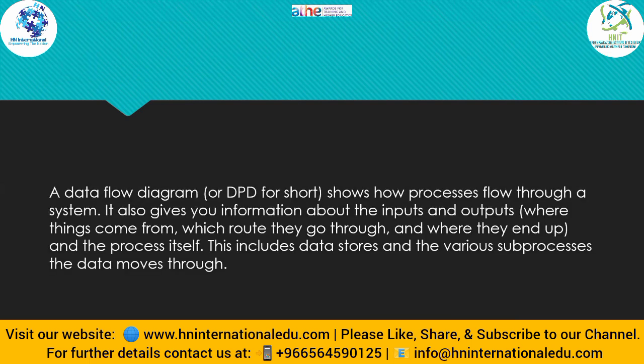A data flow diagram shows how processes flow through a system. It also gives you information about the inputs and outputs, where things come from, which route they go through, and where they end up, and the process itself. This includes data stores and the various sub-processes the data moves through. So this is the whole process in which you can create the input and output.